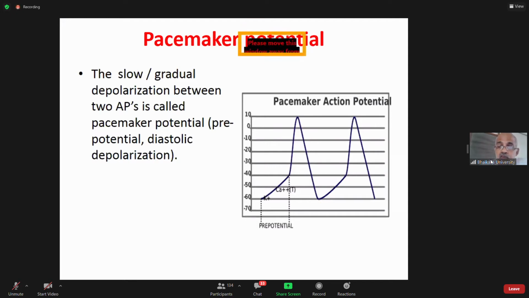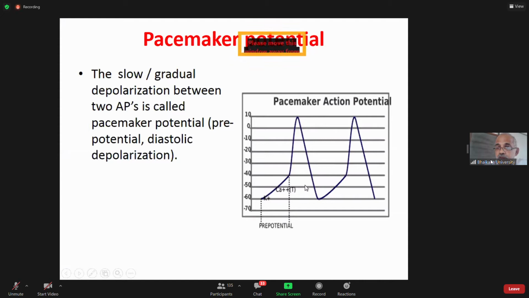The slope of this slow diastolic pacemaker potential will determine the rate at which it will fire. If the slope is steep, it will fire rapidly.